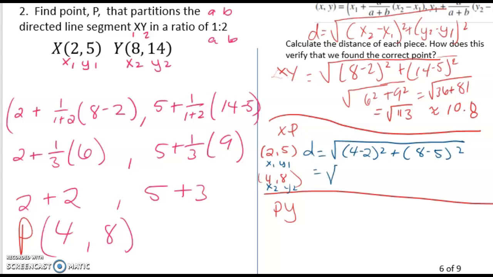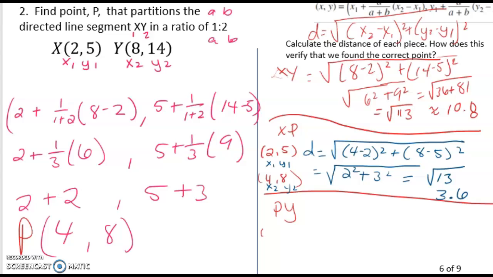That ends up being 2 squared plus 3 squared, which is 4 plus 9, square root of 13. And the square root of 13, using my calculator, gives me 3.6.